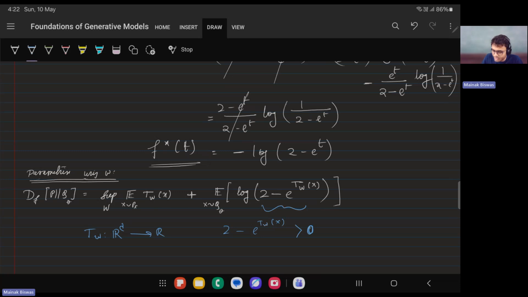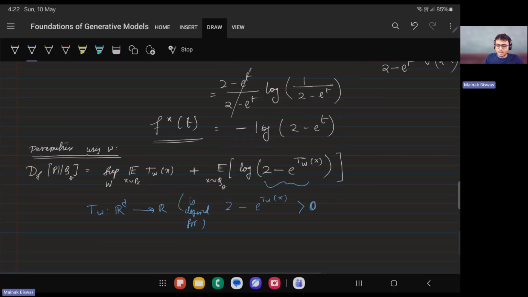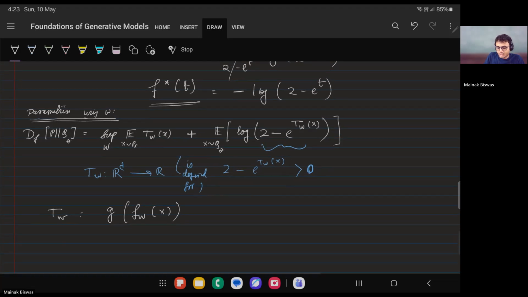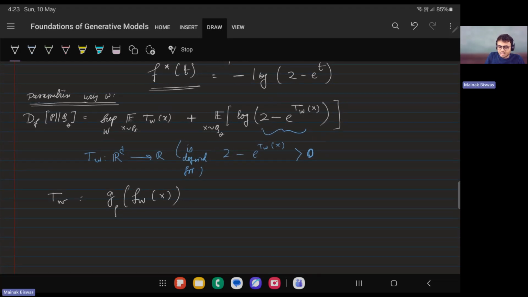It's a log function, so you have to be very careful about its domain. The t_w function has to be a composition of an activation function and a neural network, where f_w is a neural network which takes in x and returns a real number.